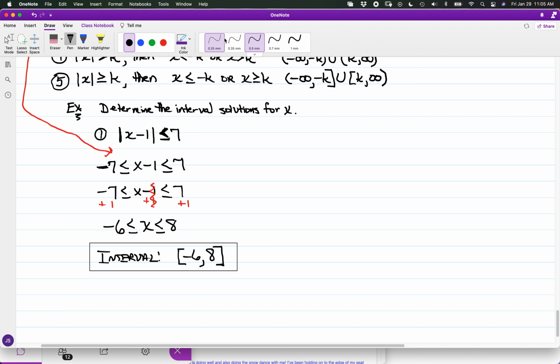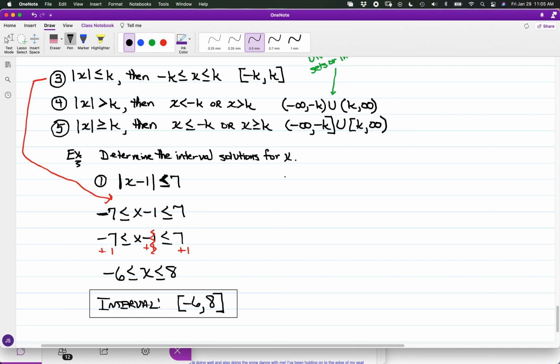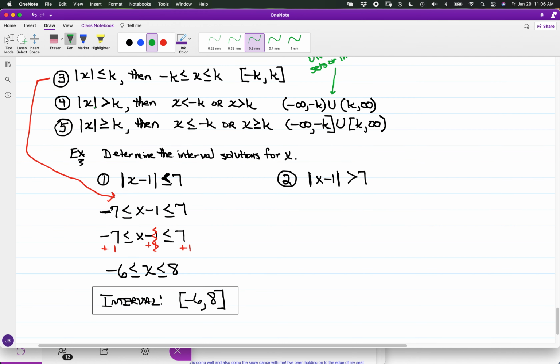And say we have in the final case, still working around the absolute value of x minus 1: if the absolute value of x minus 1 is greater than 7. Again, x minus 1 represents x, 7 represents k, so we have the absolute value of x is greater than k.